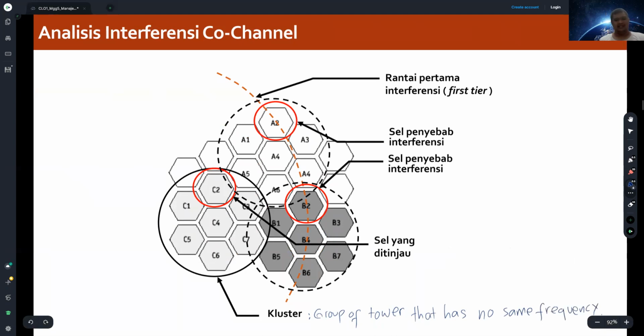That's what we call a cluster. So if we see in this picture, there are around 7 towers that have different frequencies. We could write it as K equal to 7.